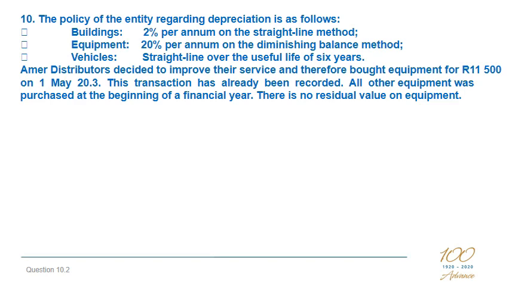Now the nice one, the policy of the entity regarding depreciation. Remember, as soon as you see depreciation and you need to do calculations for depreciation, write down formulas. For buildings, I need to adjust the depreciation with 2% per annum on the straight line method.